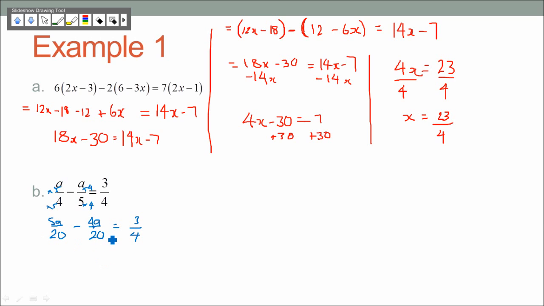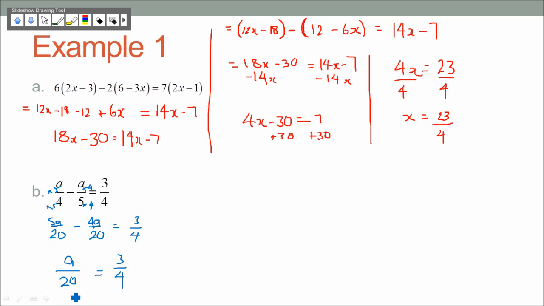Now we can combine our fractions, which says 5 minus 4 leaves us with a over 20 equals 3 over 4.